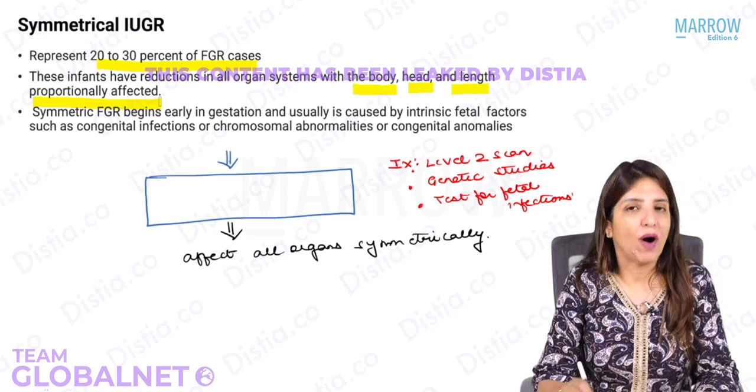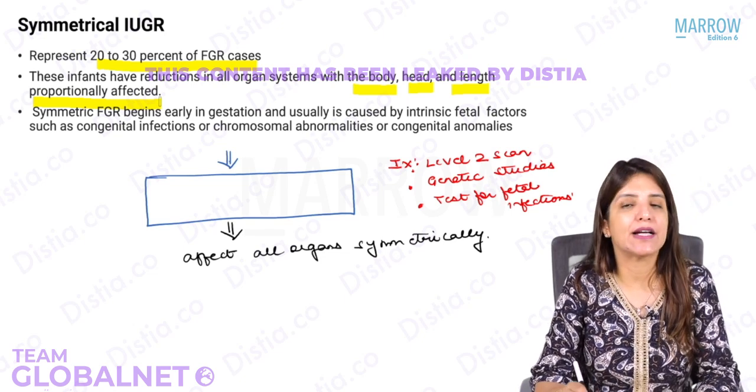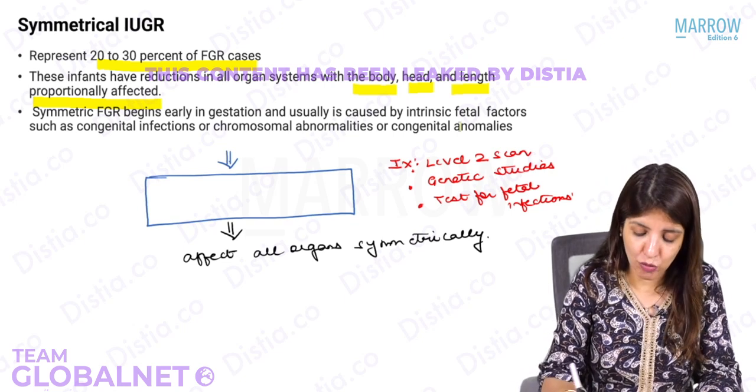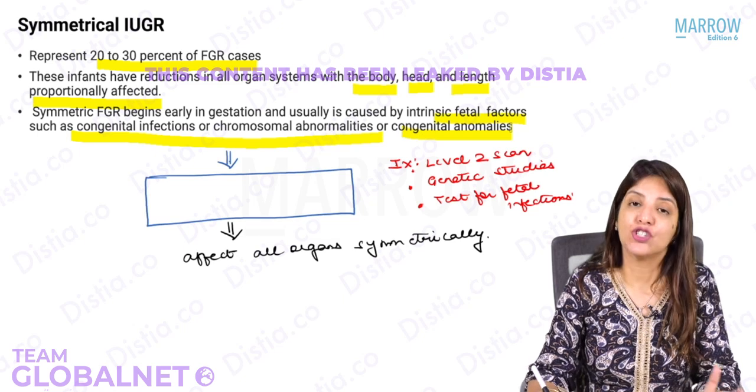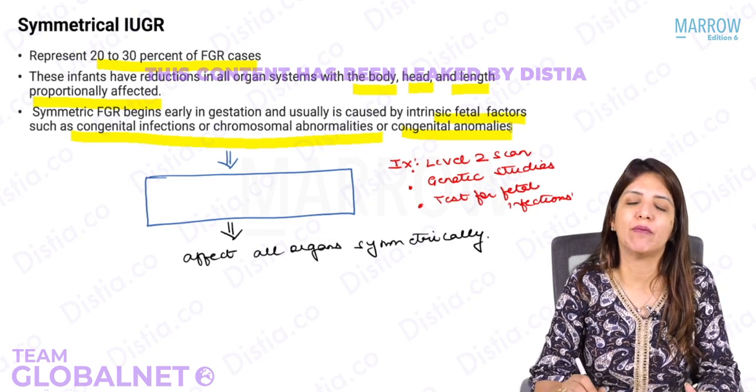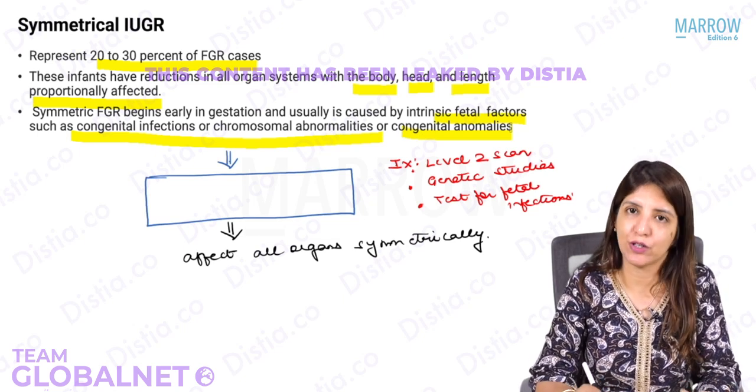Right? Now, why is symmetrical IUGR happening? As I told you, fetal causes like chromosomal anomalies, infections or congenital anomalies are all causes for symmetrical IUGR.